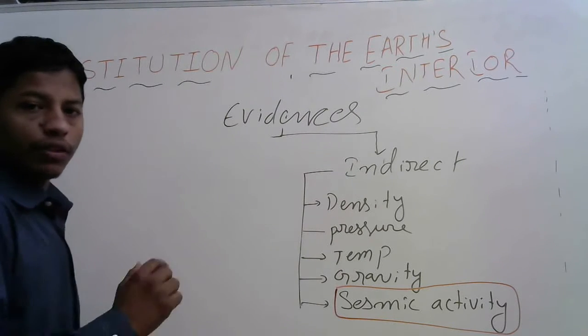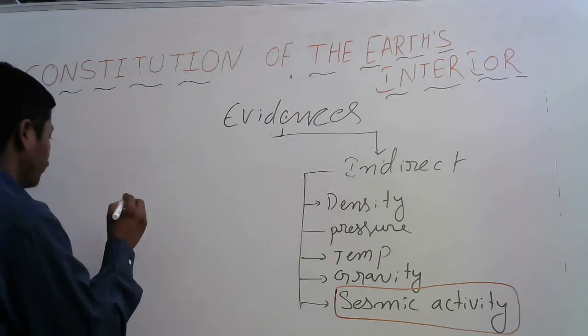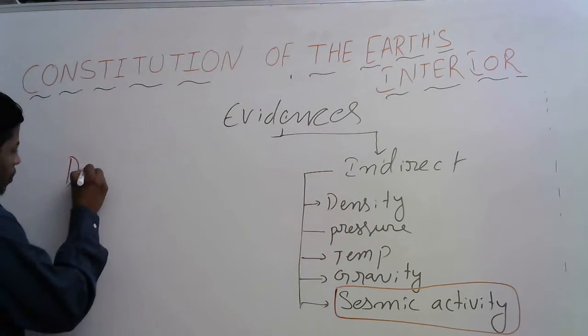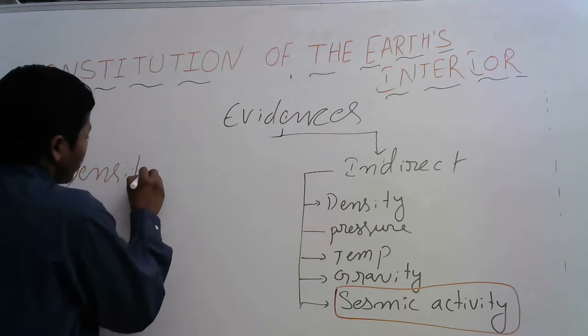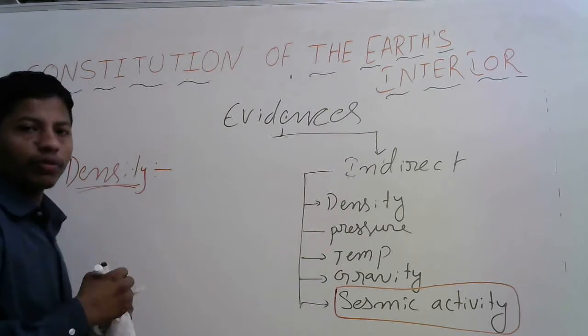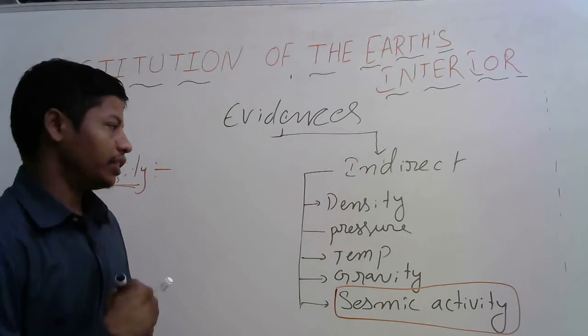Indirect sources. First we discuss them one by one. Density. What is density? The earth contains different layers with different densities.